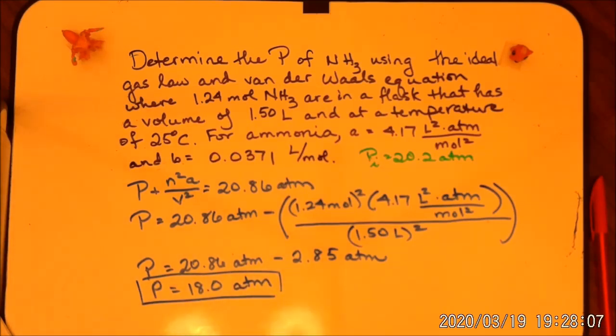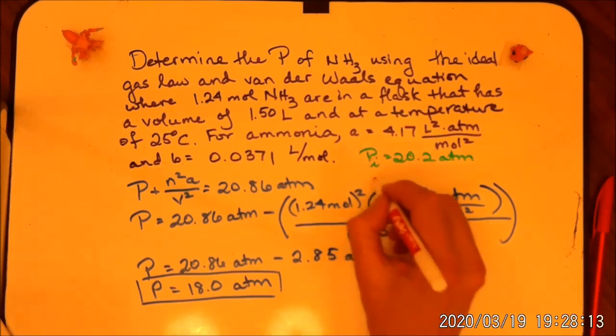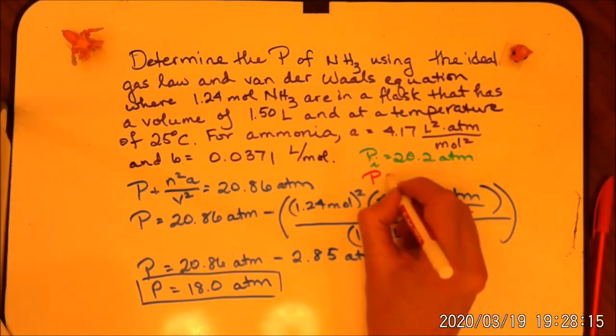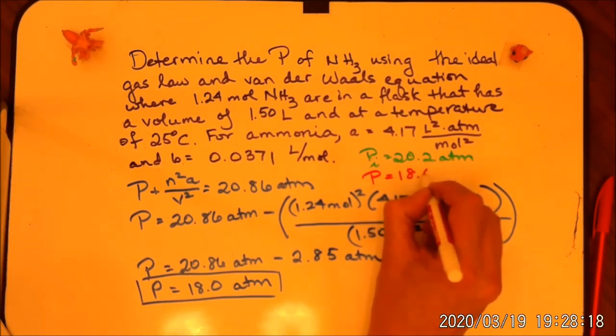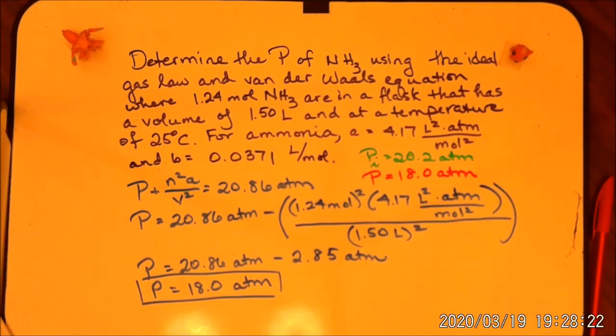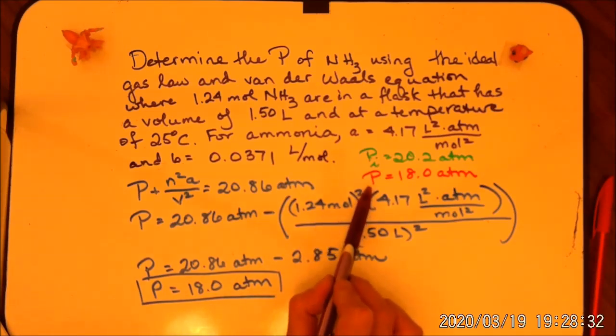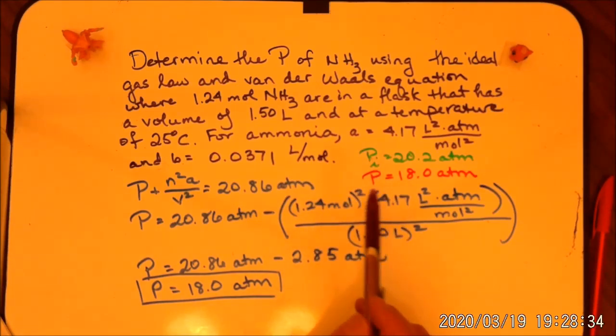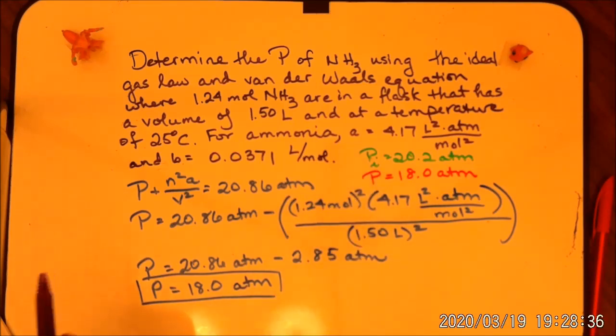Okay, so let's put that up and talk about whether this makes sense. Using van der Waals, the pressure is 18 atmospheres. Well, we said initially that because of the interactions between gas particles, the pressure for a real gas will be lower than the pressure of an ideal gas.